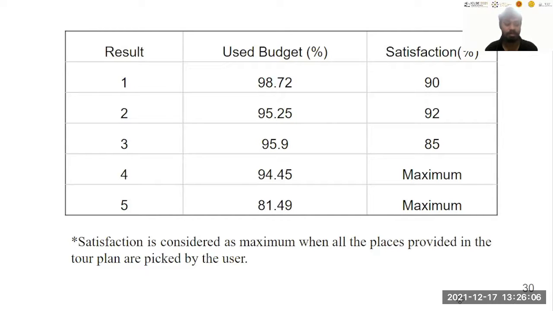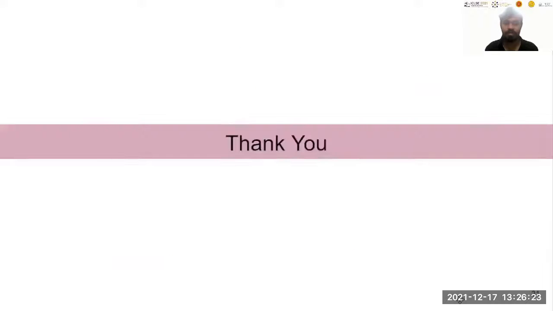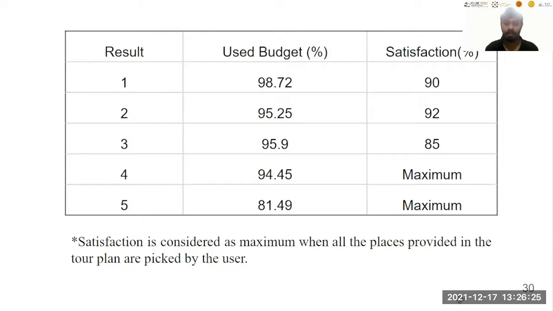I must mention that the satisfaction is considered as the maximum rating when all places provided in the tour plan are picked by the user. Because if the user picks some place, for example, if he picks that he needs to visit Kandy, that means he thinks he can get the maximum satisfaction when he visits Kandy, because he knows about that place. So he has a personal interest in that place. Also, when people use our system, we continuously get feedback from the users, and we update the ratings of the places according to the user feedback.